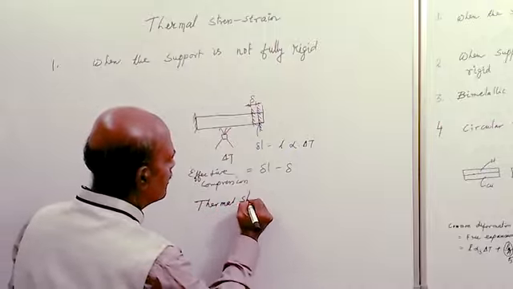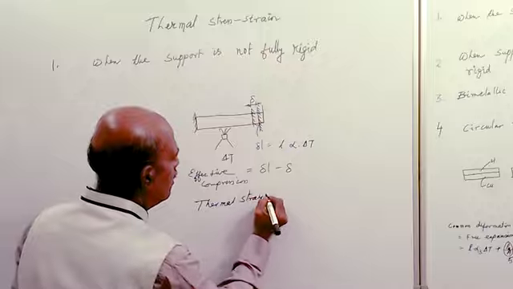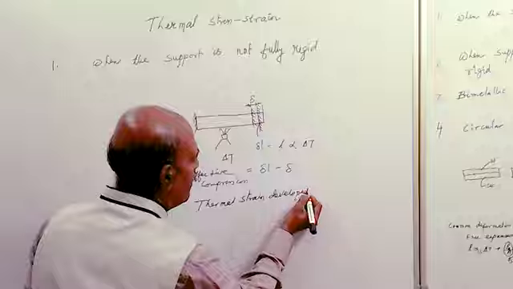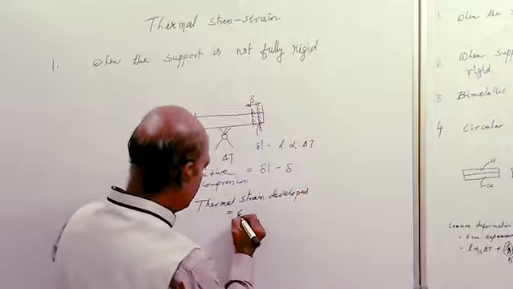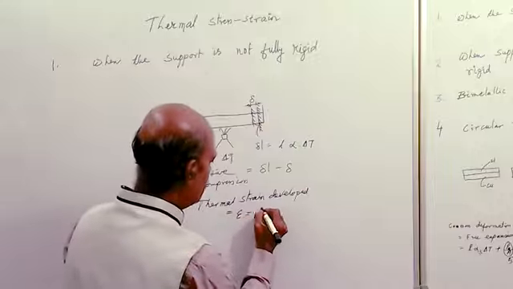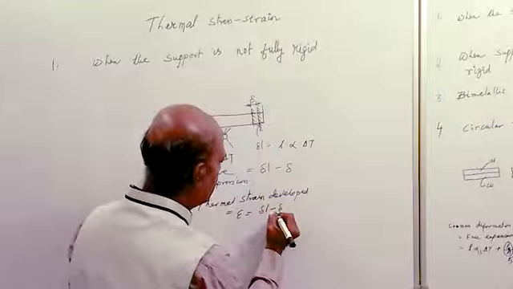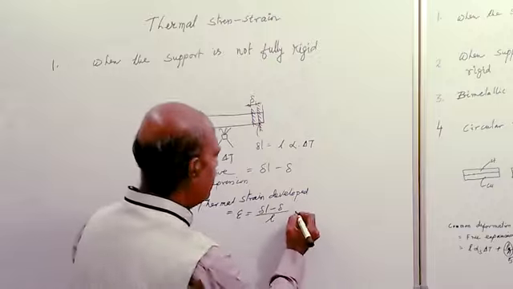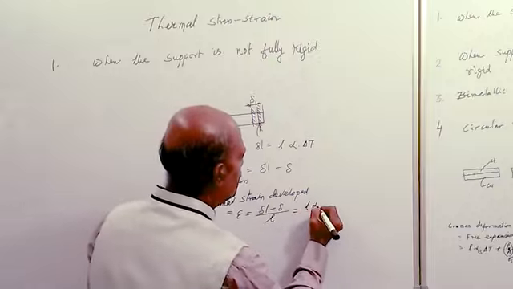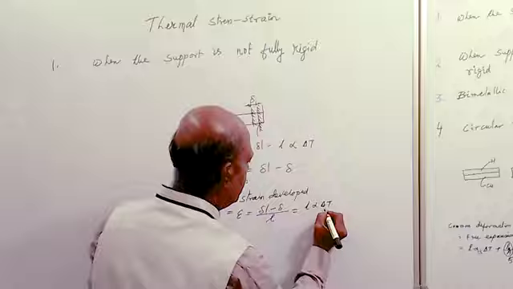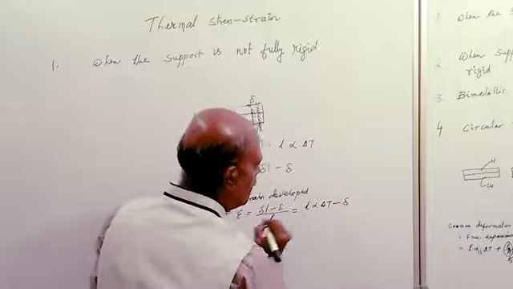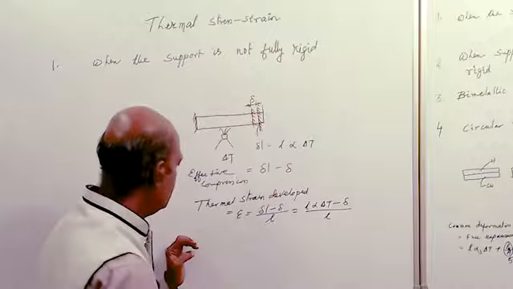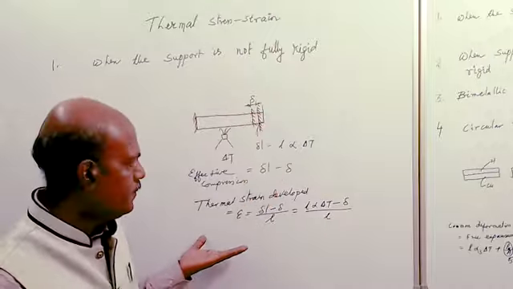So the thermal strain developed in the bar is given by epsilon is equal to delta L minus delta divided by L, where delta L is given by L into alpha into delta T, minus delta, divided by L. This is the thermal strain developed in the body.